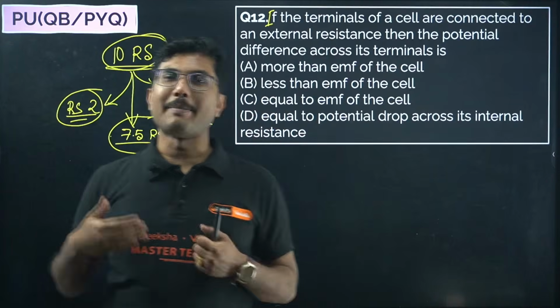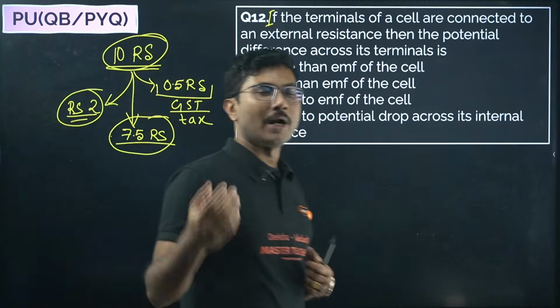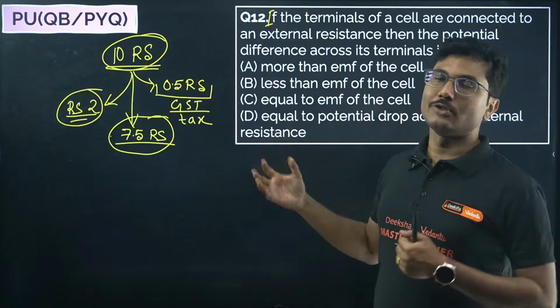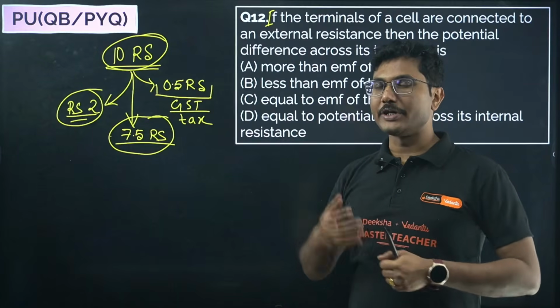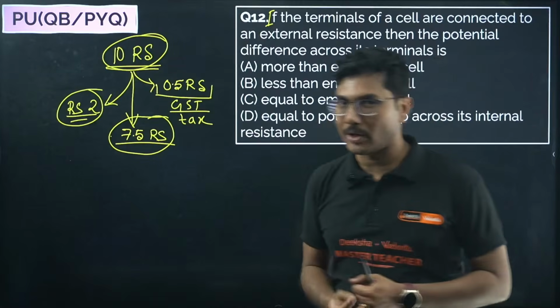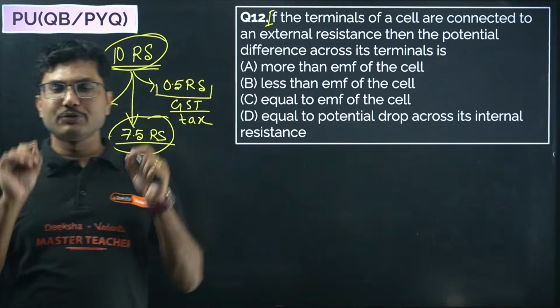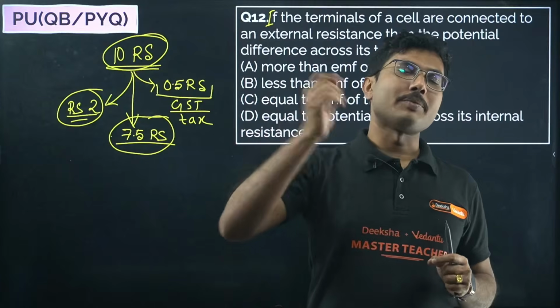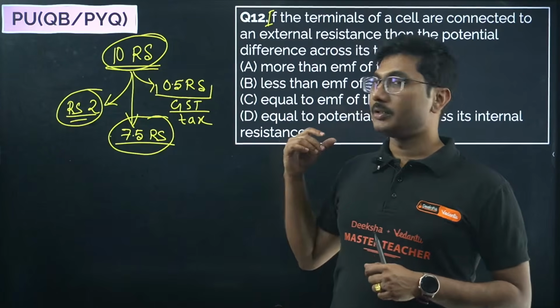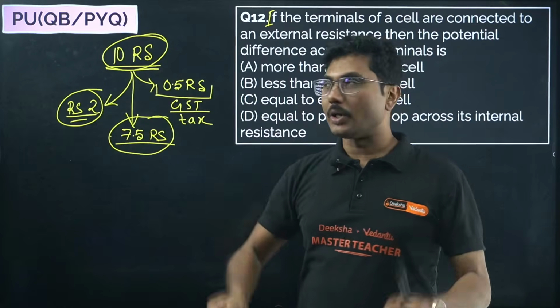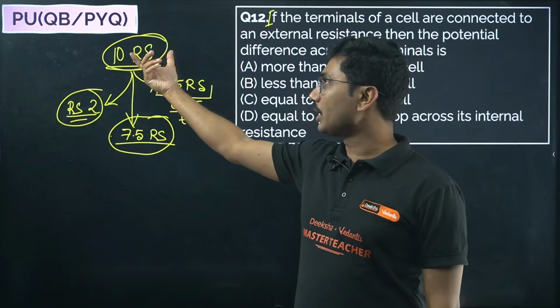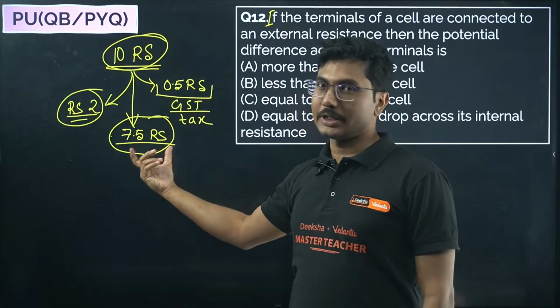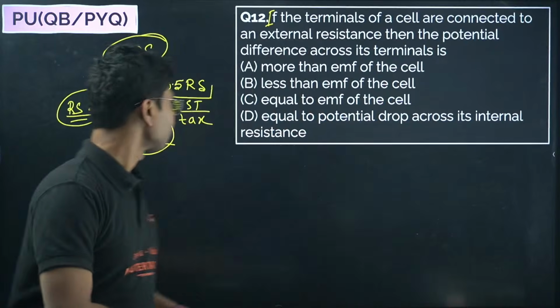Similarly, a battery that says it is 1.5 volt is not actually giving you 1.5 volt; it is giving slightly less. So useful work means the work you are getting from the battery, and the work done by the battery means the total work done by the battery. Total work is this and useful work is this. Okay, clear?